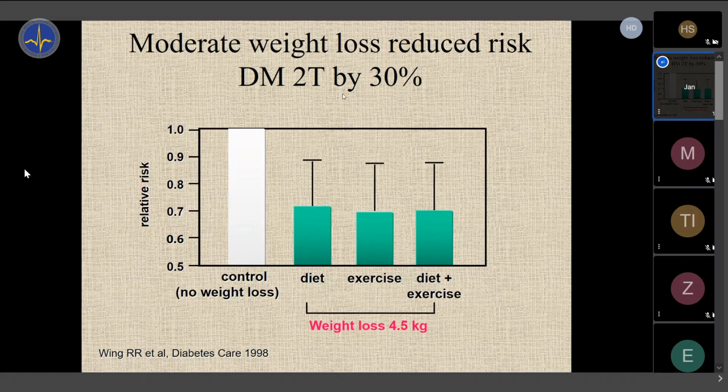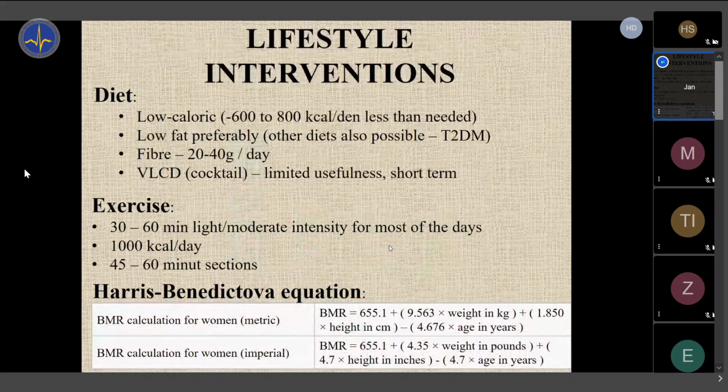So you can see that really moderate weight loss is effective. There are data for it. The recommendations say we should, as a first line of treatment, suggest this achievable goal, because it brings benefits.